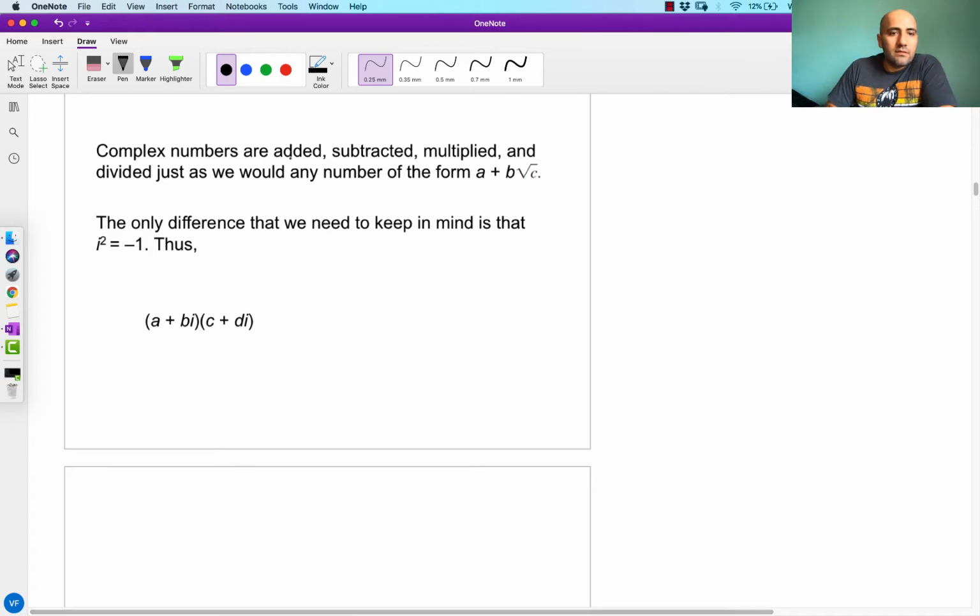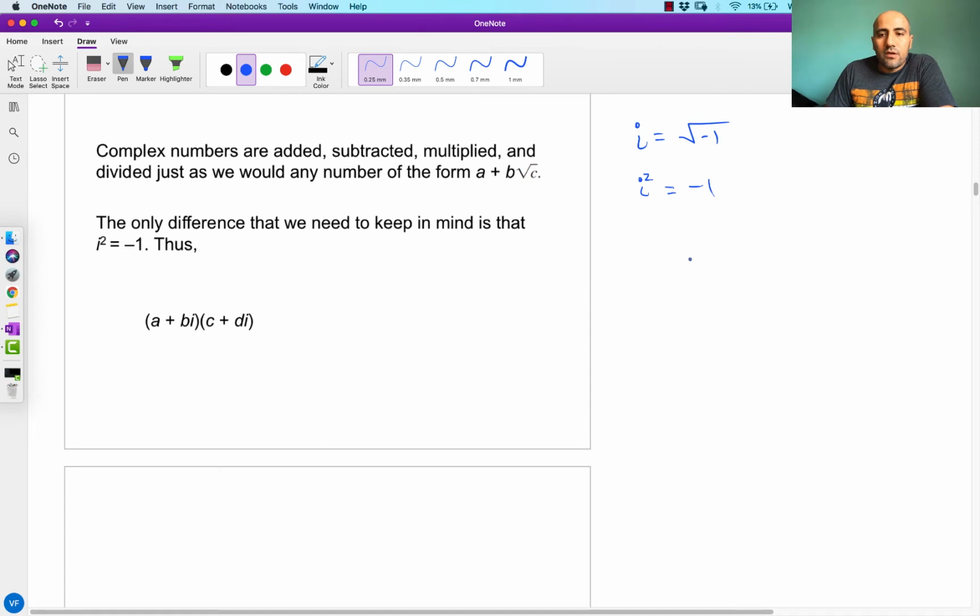Okay, so let's expand a little bit on that. So we know, of course, that by definition, i is equal to the square root of -1. And if we square both sides, we're going to get i squared is then equal to -1, right?